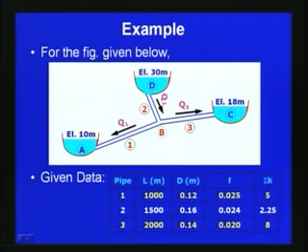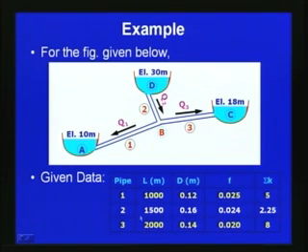The pipe data are as follows. For pipe 1, the length is 1000 meter, the diameter is 0.12 meter, the friction factor is 0.025, and the minor loss coefficient sigma k is 5. Similarly for pipe 2, the length is 1500 meter between D and B, the diameter is 0.16 meter, the friction factor f is 0.024, and sigma k is 2.25.